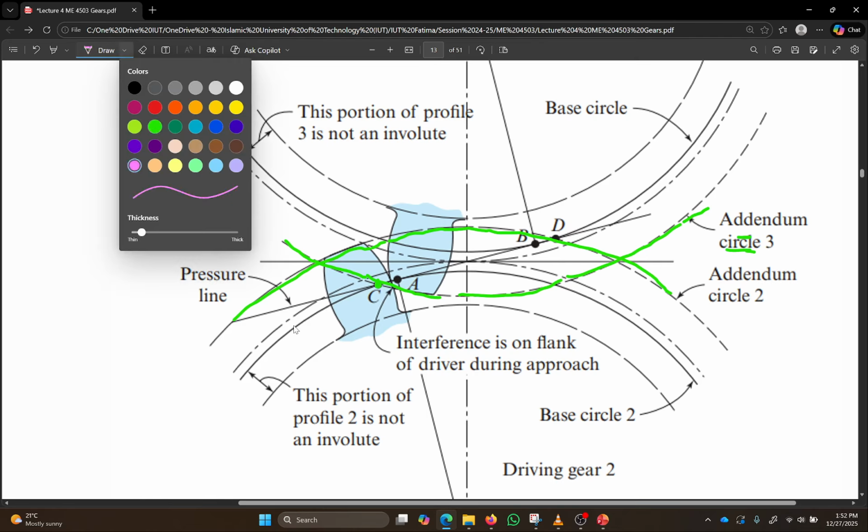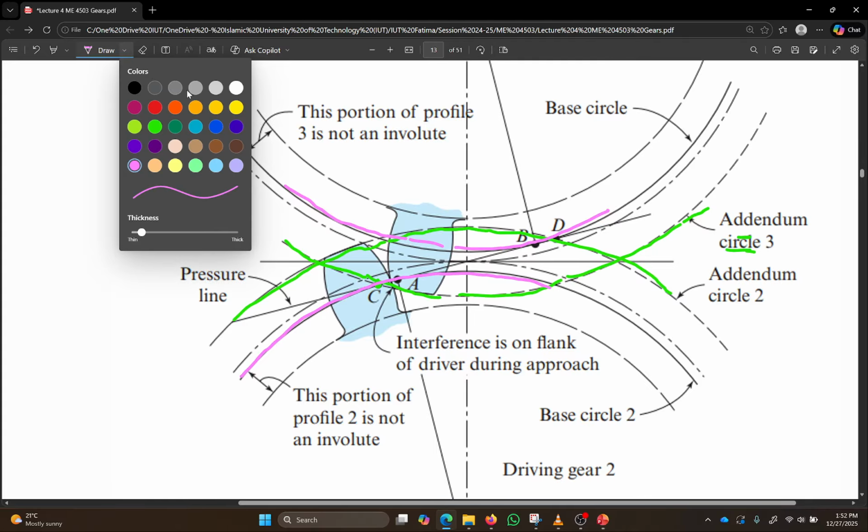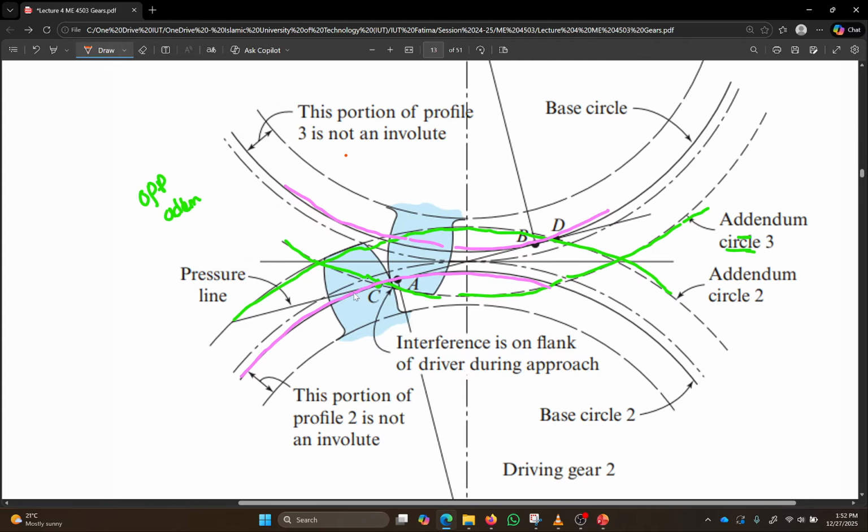Let's look at the base circle. This solid line was our base circle, right? And again, this solid line was our base circle. You'll notice that the addendum circle of gear 3 matches with the base circle of gear 1 at a certain point.